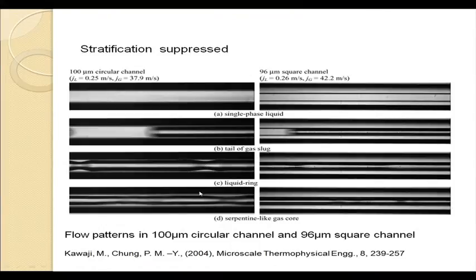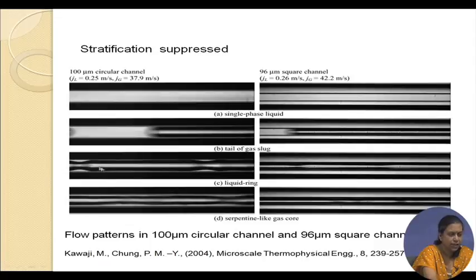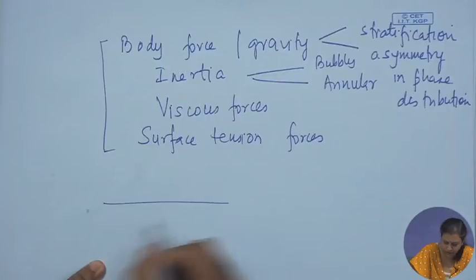Then gradually, when the gas velocity increases, naturally the gas flows very fast, and we have something like a serpentine gas core, they say.